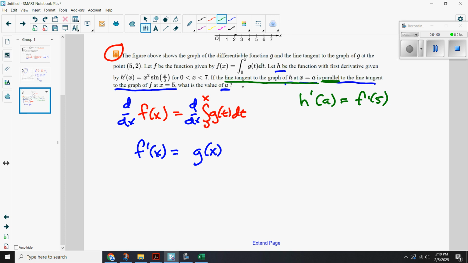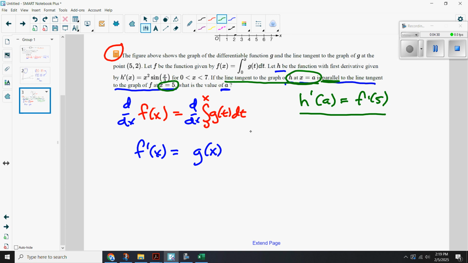So the line tangent to the graph at x equals 5 has slope f prime of 5, and the line tangent to the graph at x equals a for h has slope h prime of a. So I know that these two things are equal.